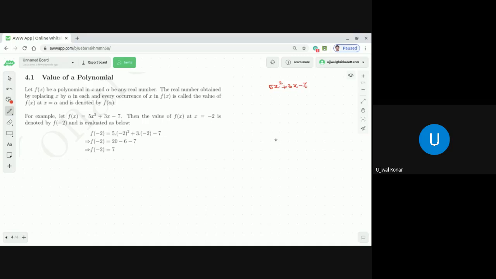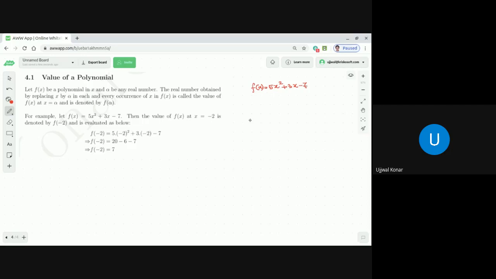Now, as a symbolic representation, we define this as f(x), g(x), like this. So f(x) equal to 5x square plus 3x minus 7. So this is a polynomial. Now, what is the value of a polynomial? Value of a polynomial corresponding to the value of x.